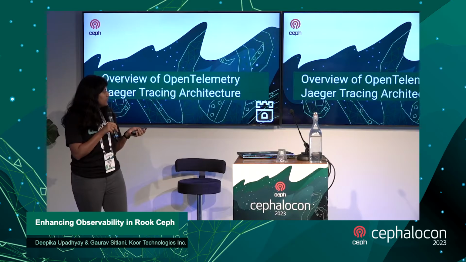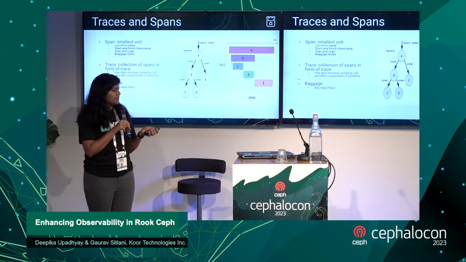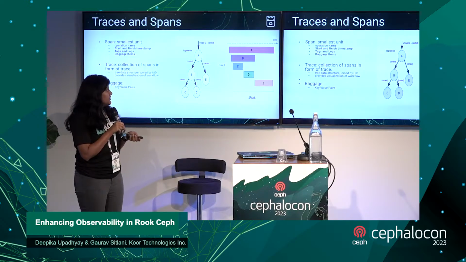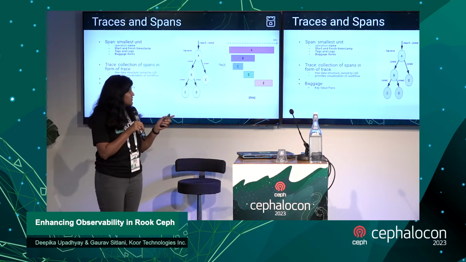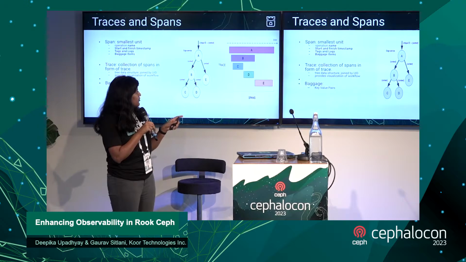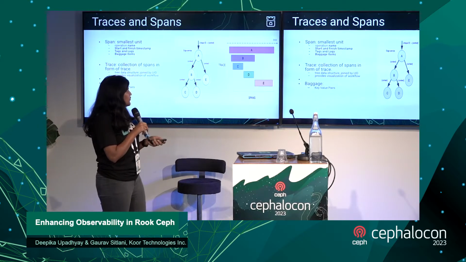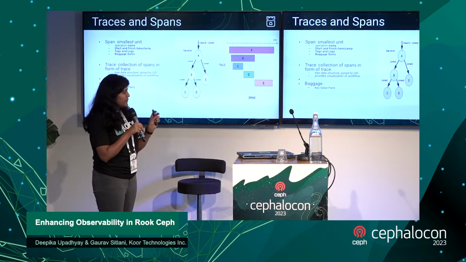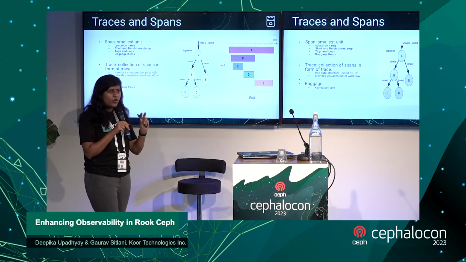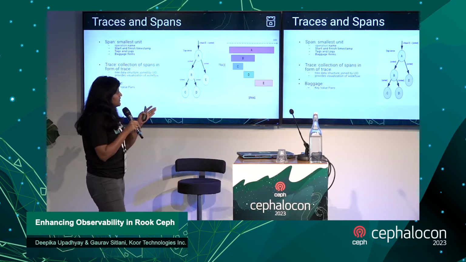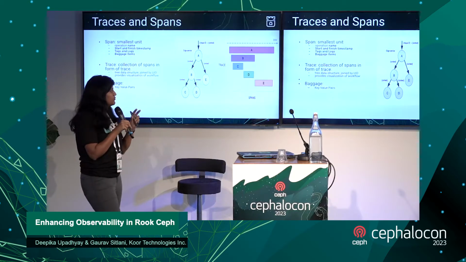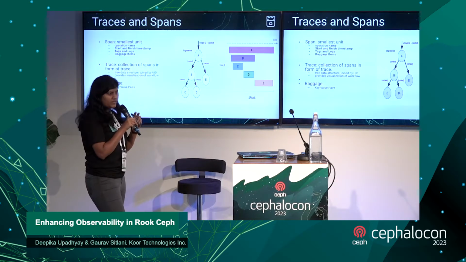So coming to how things work and what are these traces that I'm talking about. As you see, there is a graph, kind of tree-like structure. Every round circle forms a span. A span is the smallest unit in a trace, and it gives us the context at that particular point of time about that operation.